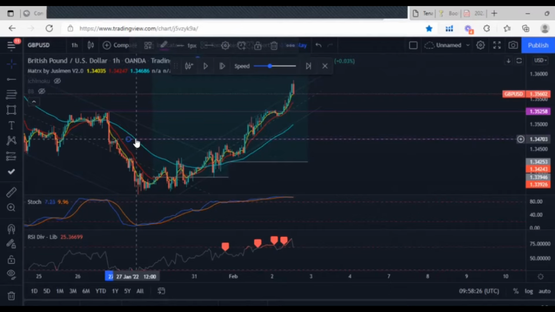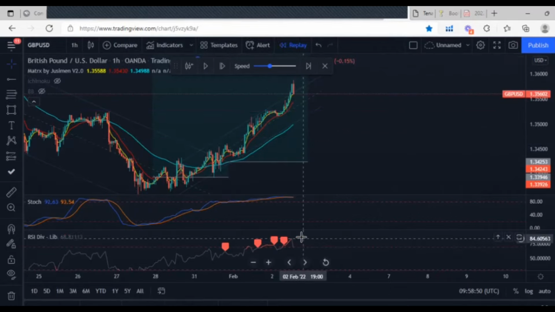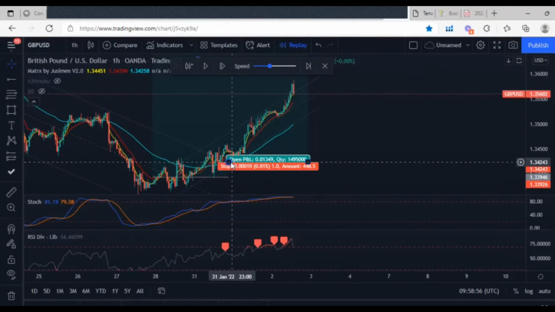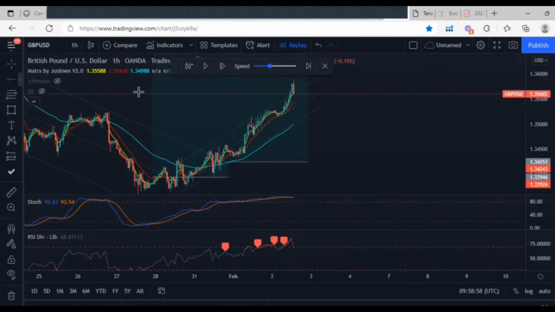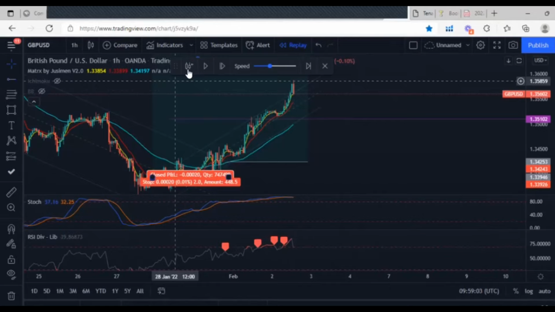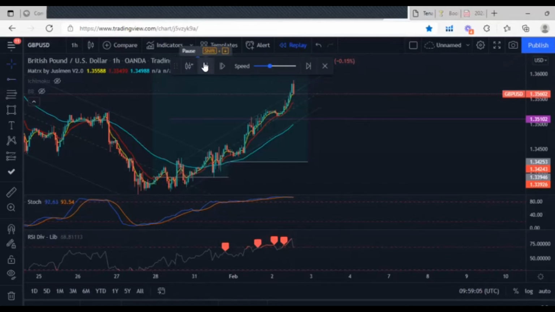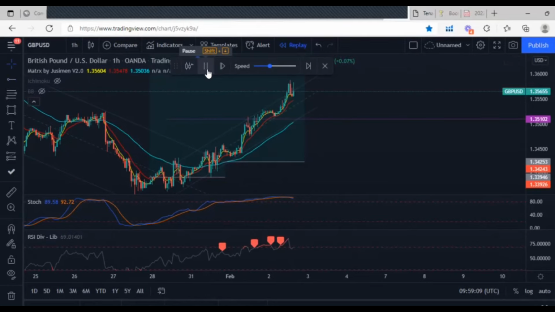Now, this is a rejection, but I don't see a bearish divergence here. So what I would do would be to shift my stop below this previous low here and watch what happens with price.